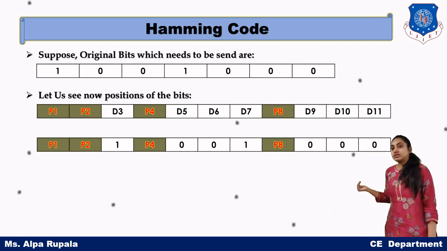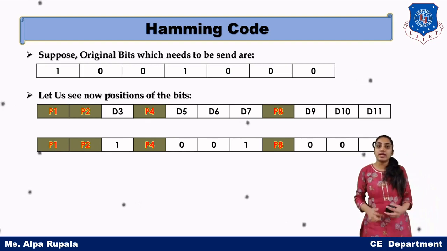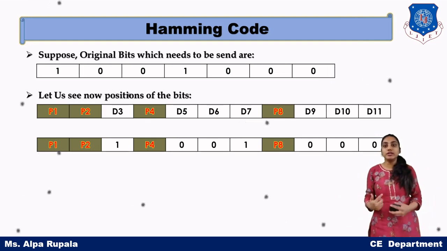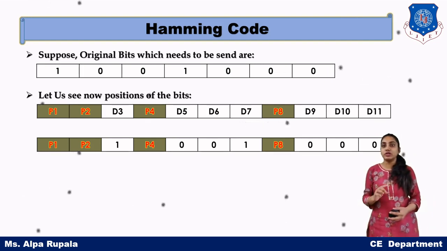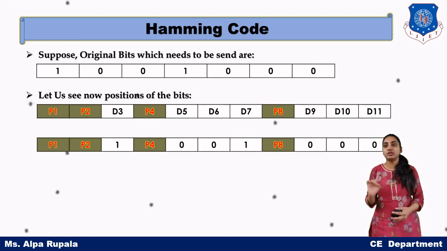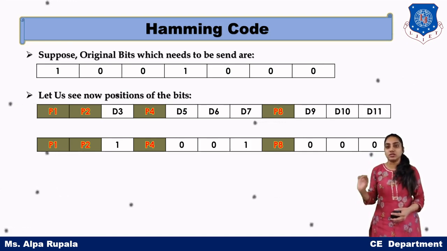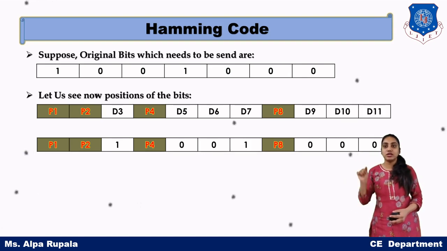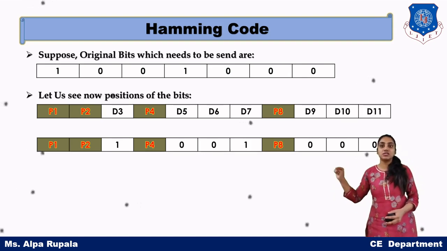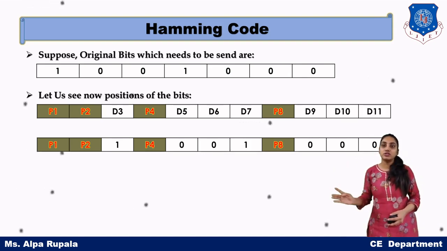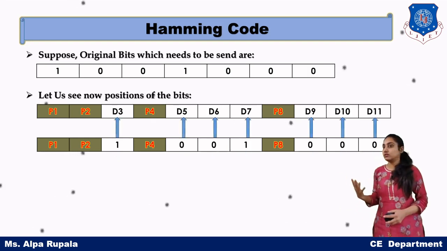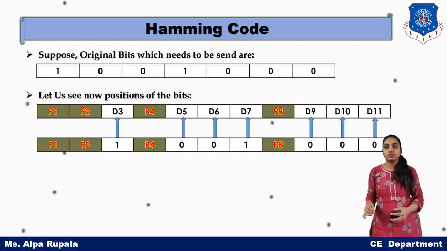The data bits are already available, so we just place them in sequence: D3 gets the first data bit, D5 the second, D6 the third, and so on, as the arrows show.